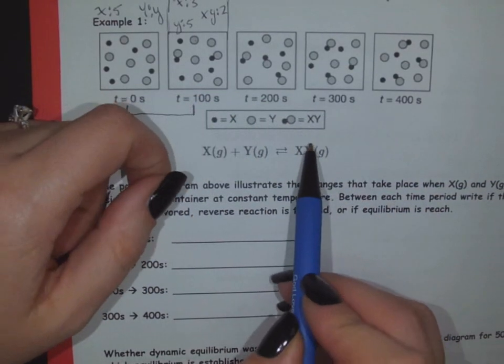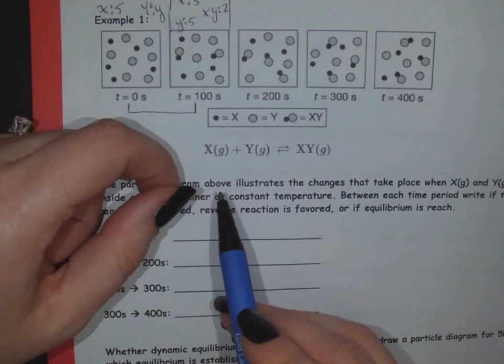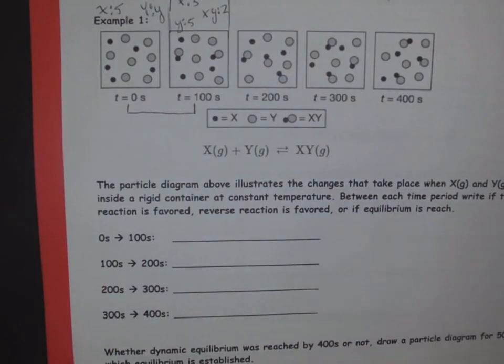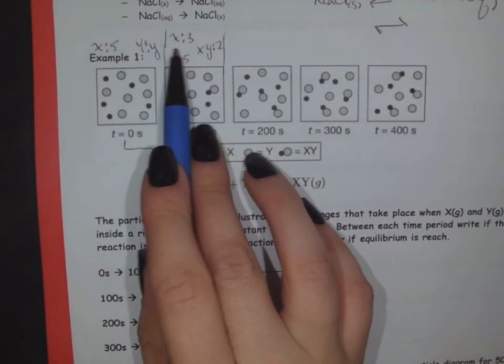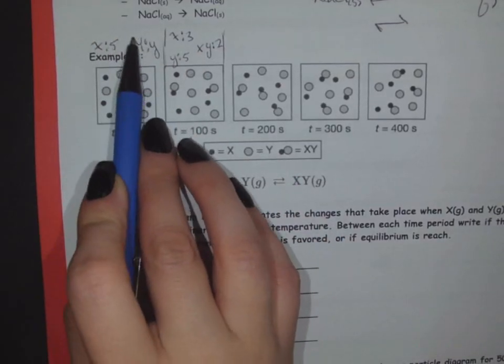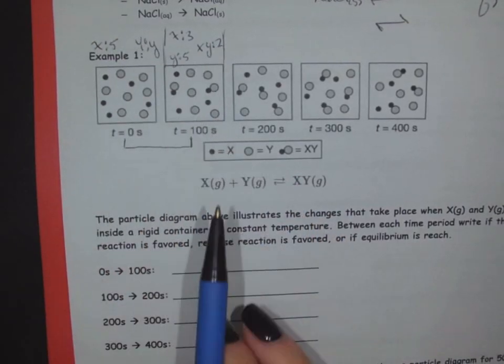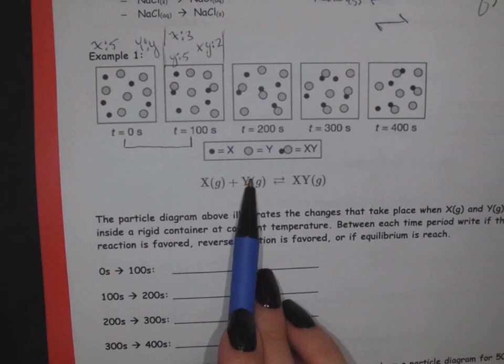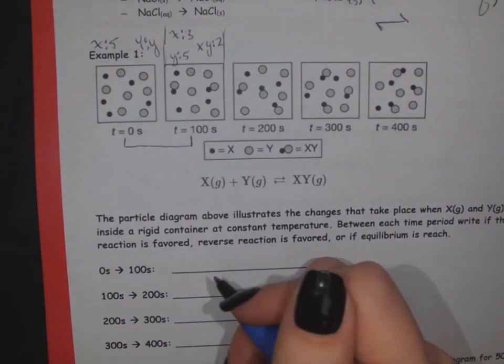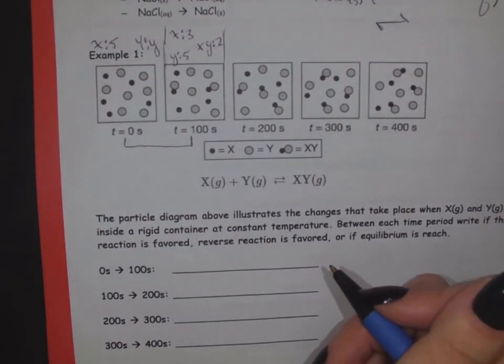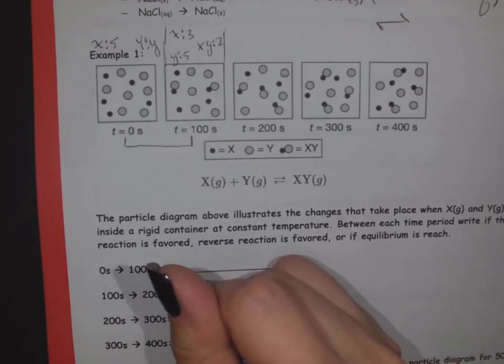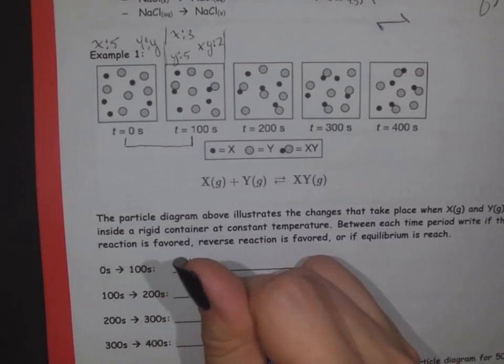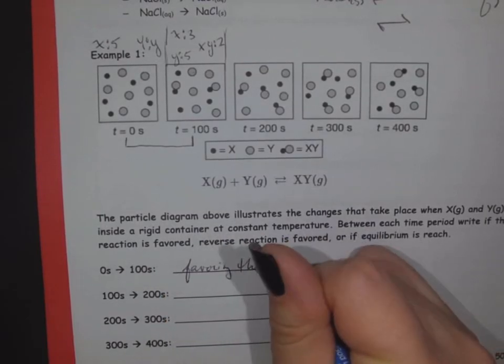Are we making more of these than are being consumed? So we have not gotten to equilibrium in this time frame from 0 seconds to 100 seconds. Instead, the amounts are telling us that reactants are going away and products are being made. That's a forward reaction. So from time 0 to time 100, we are favoring the forward reaction.